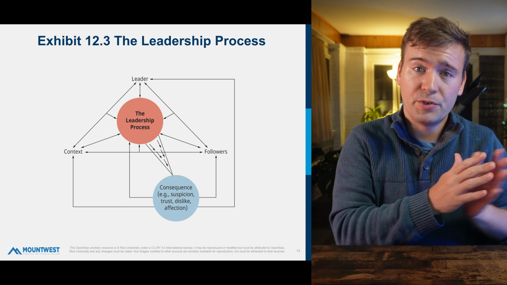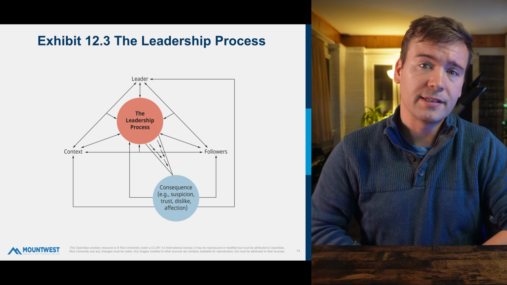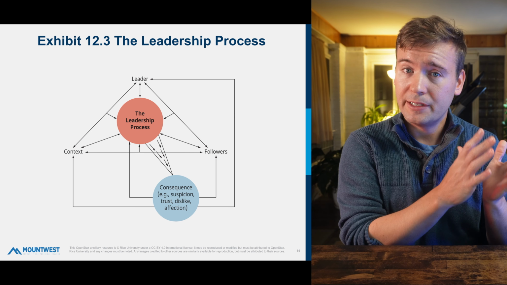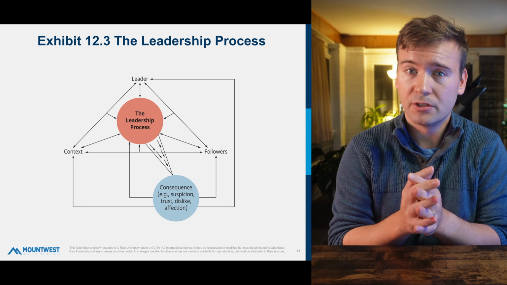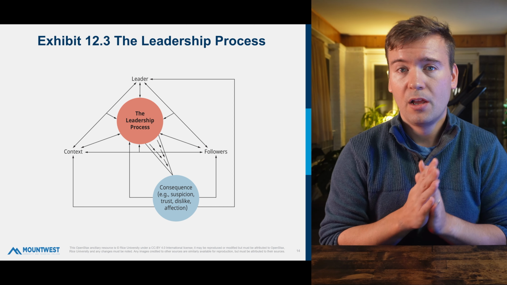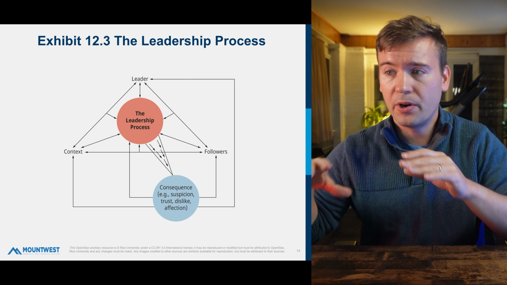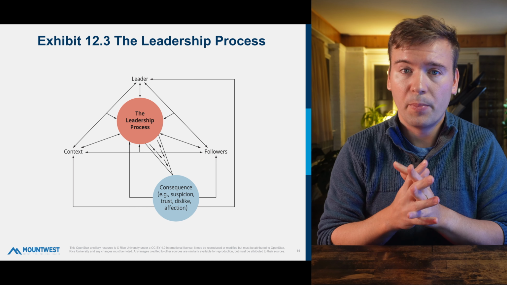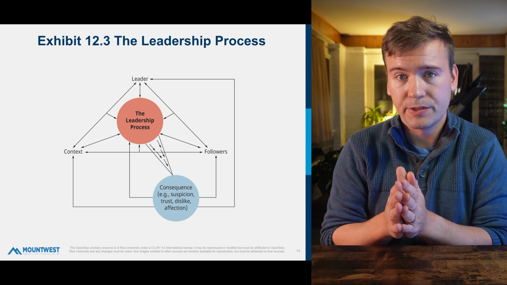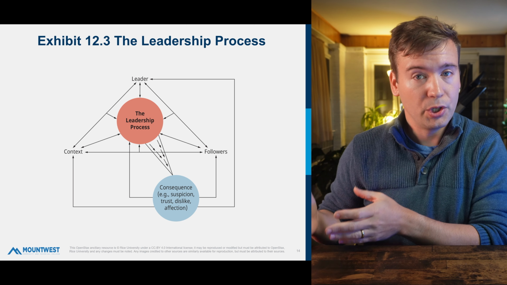This diagram gives you more of a visual representation of the Dunham and Pearce leadership process model. You can see here the leadership process is at the center with the leader and the followers on either side in the triangle. The context influences the process from all angles, from above, while the consequences of the leader's actions and the outcomes flow below.